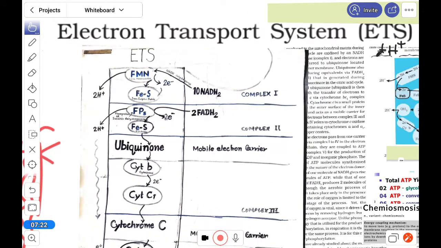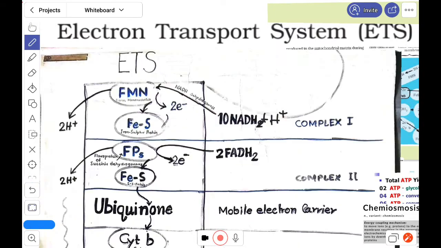So let's know in detail how the electron is transported. Okay, here you can see this part, this is the F1 particle, and this is the matrix.